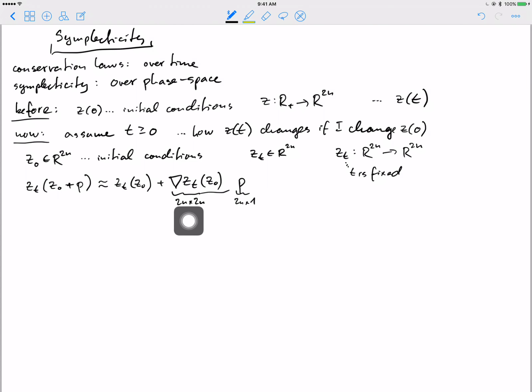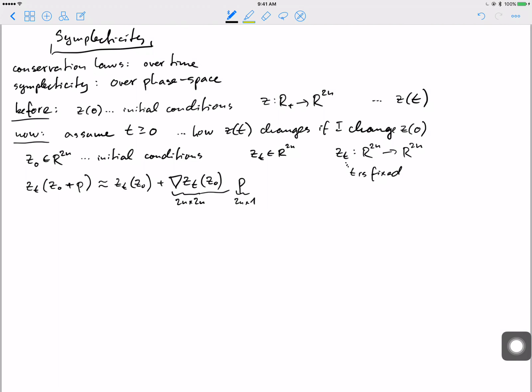Quick syntax check, that's a 2n by 1 thing, so this is all cool, okay? That all works. So this is a way to mathematically say this is the first order approximation of this general nonlinear zt function, okay? And the Jacobian can be understood as a local linearization of the function, okay?